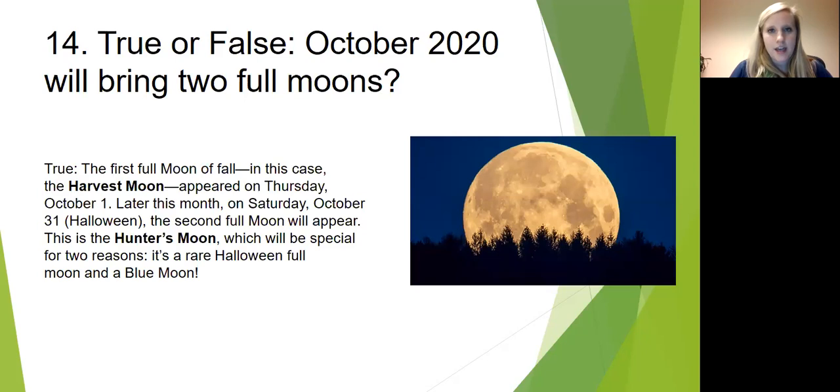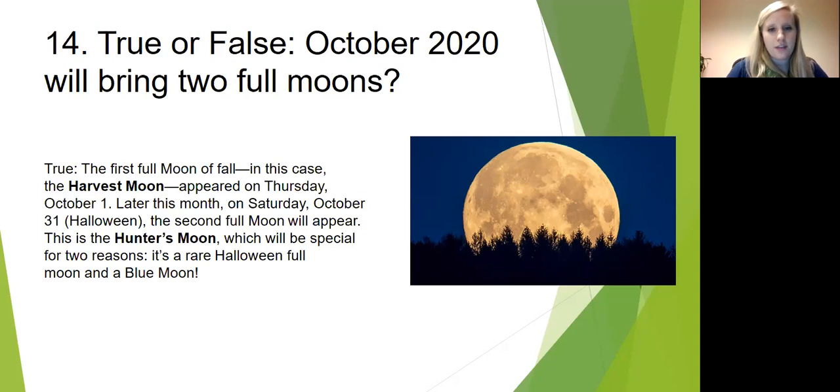Question 14. This was our true or false question. October of 2020 will bring 2 full moons. And the answer is true. The first full moon of fall, which is referred to as the harvest moon, appeared on October 1st.